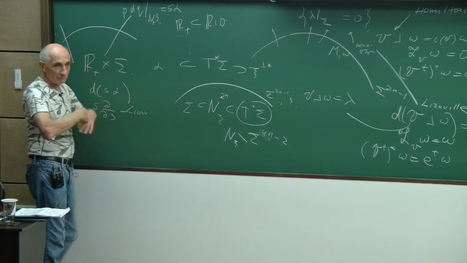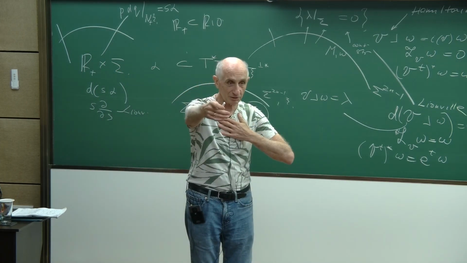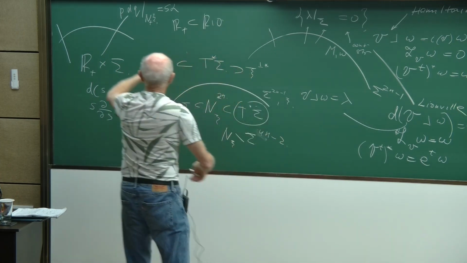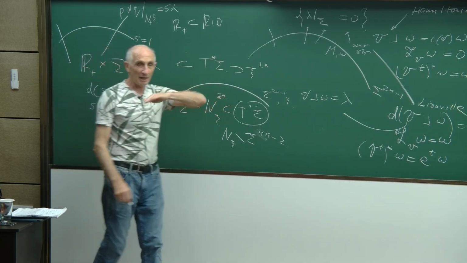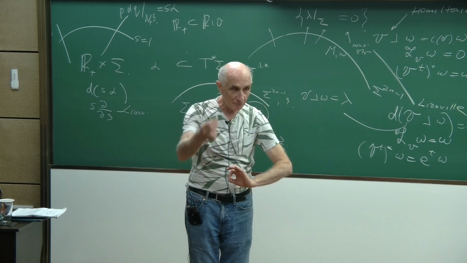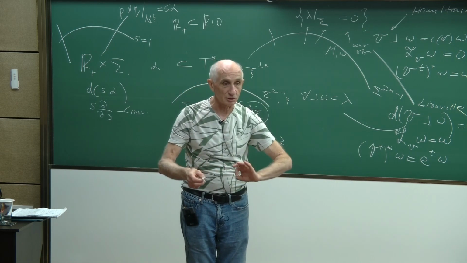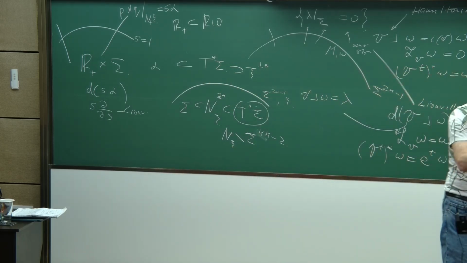So what we get is that, given a symplectic manifold, you get this canonical symplectization, given by this manifold times R plus. Our contact manifold sits there as the s equal 1 level set, and there is a Liouville vector field transverse to it. So this is a completely equivalent reformulation.